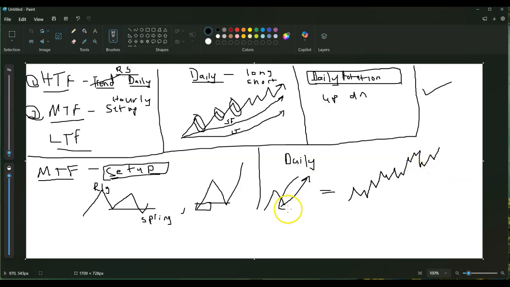So this leg is this. So now you're connecting the daily time frame to the hourly movement within that time frame, zooming in, and what you'll see are the setups.